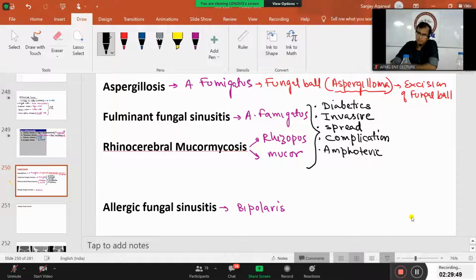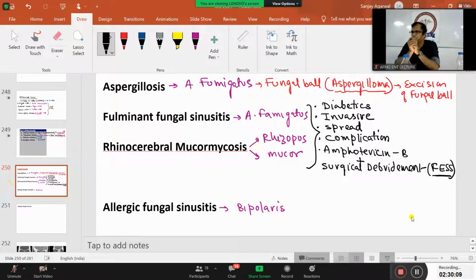Amphotericin B plus surgical debridement. And the surgery is FES. Remember this name FES, we'll discuss this later on. So everything is same for both diseases except the fungus. Easy to remember. What is the meaning of surgical debridement? You remove the tissue which is involved.